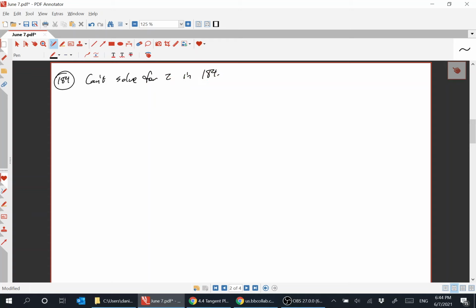All right, so we can't calculate dz/dx and dz/dy explicitly. We can't calculate them explicitly, but we can calculate them implicitly.